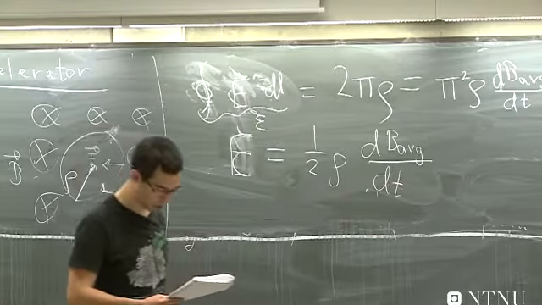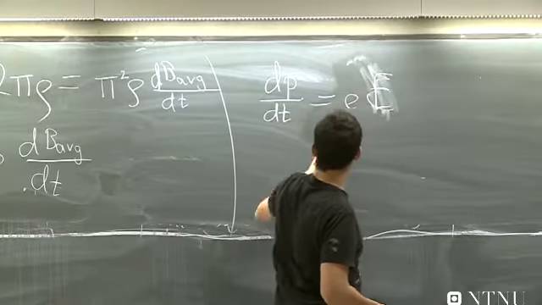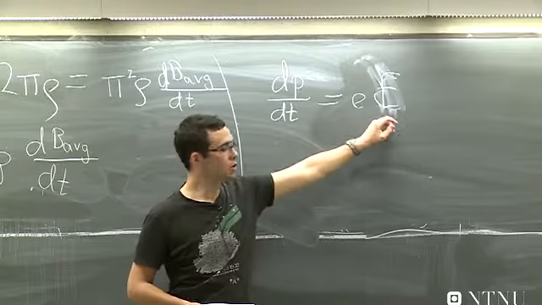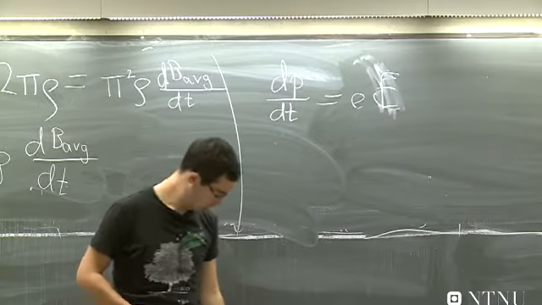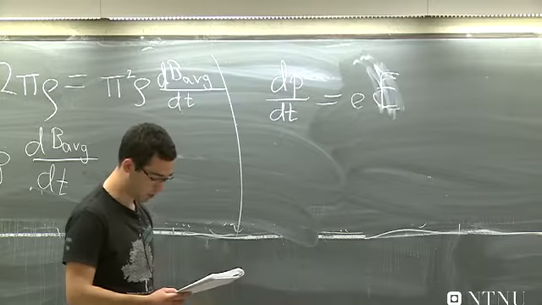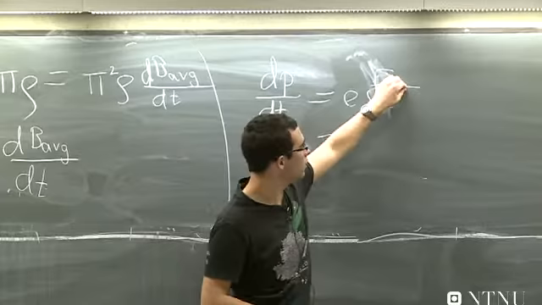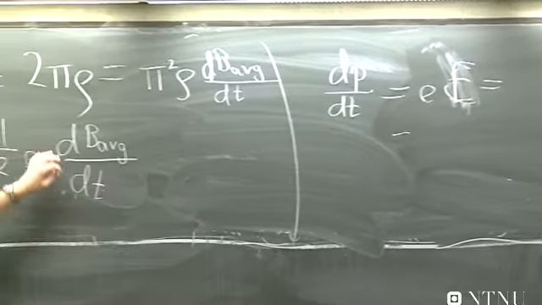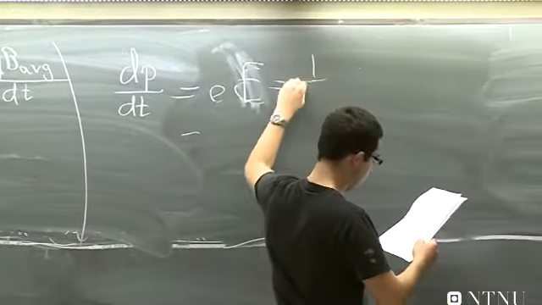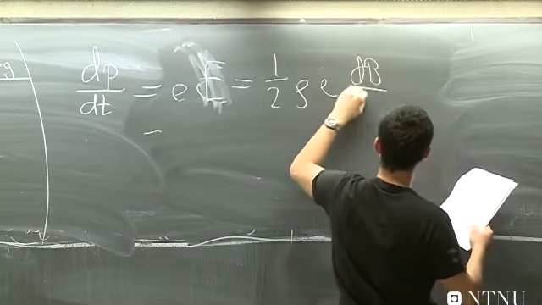That's where things went wrong. Okay. So the accelerating force is just the charge of the particle times the electrical field, which is tangential in this case. And I can insert my expression for the electrical field, which is right here, and I get one half rho e dB dt.